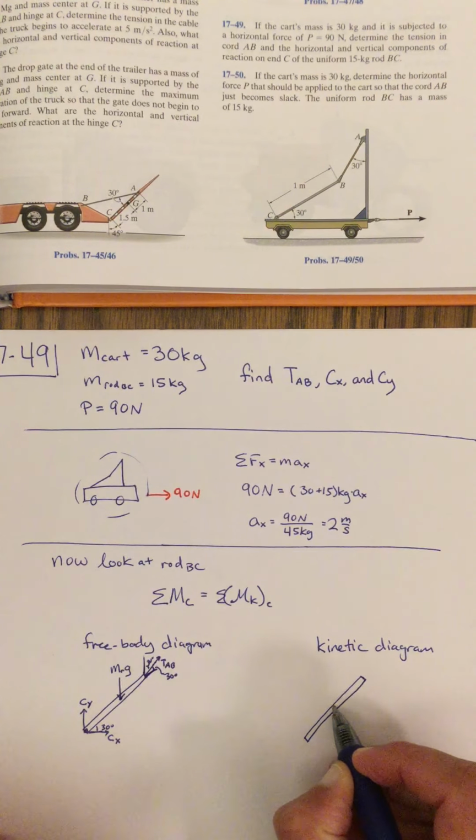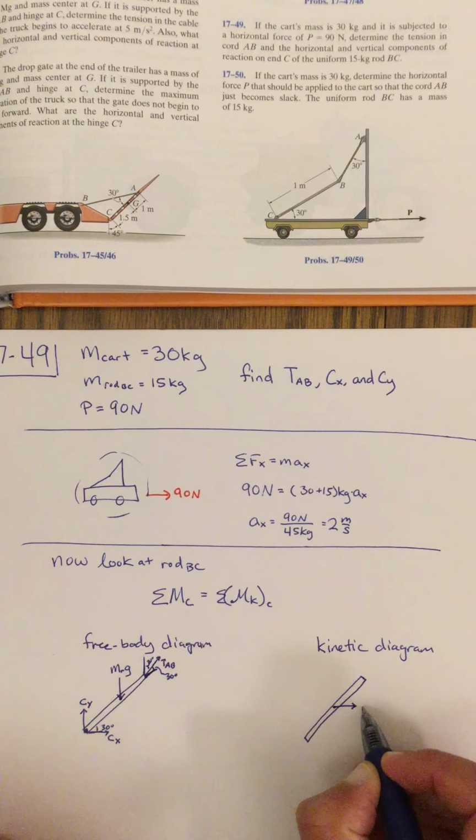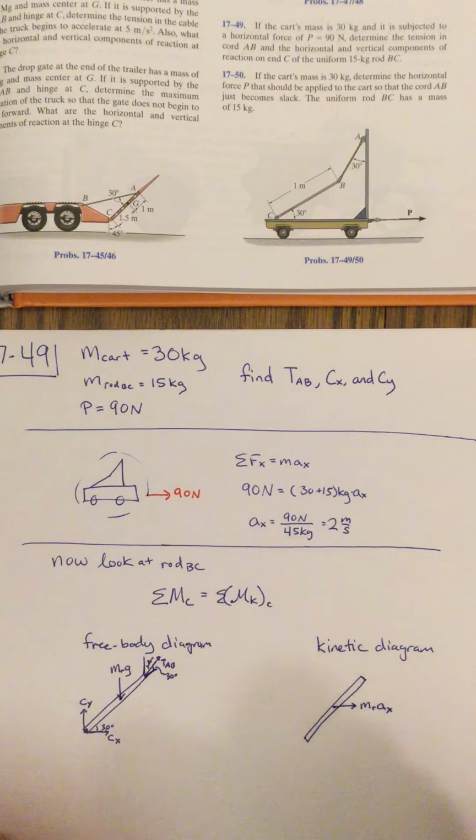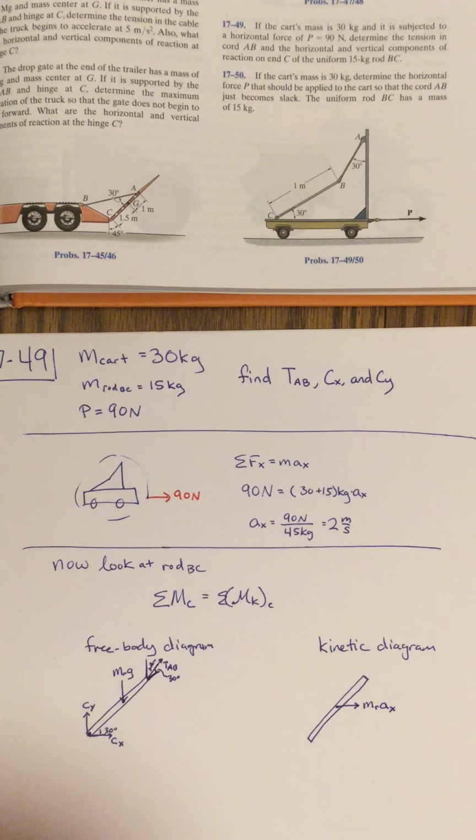And the rod is accelerating. We got the mass times the acceleration. So on our kinetic diagram, we do mass times acceleration, and if we had angular acceleration, we'd have to include the moment of inertia times angular acceleration, but the angular acceleration in this problem is 0.